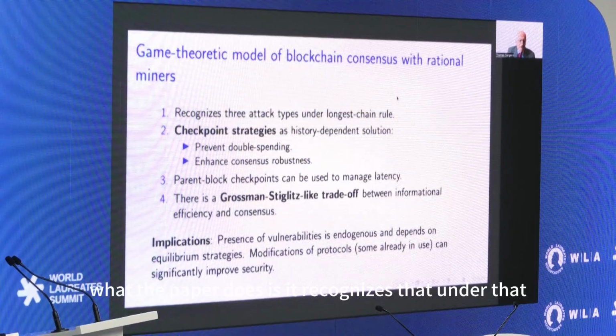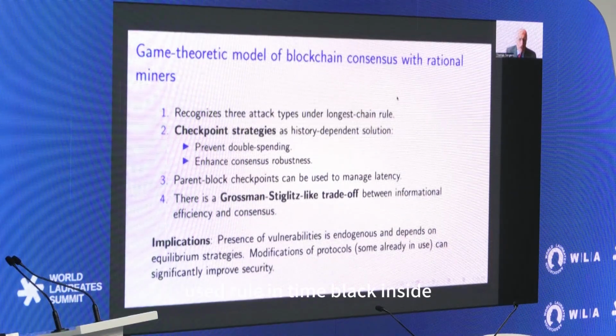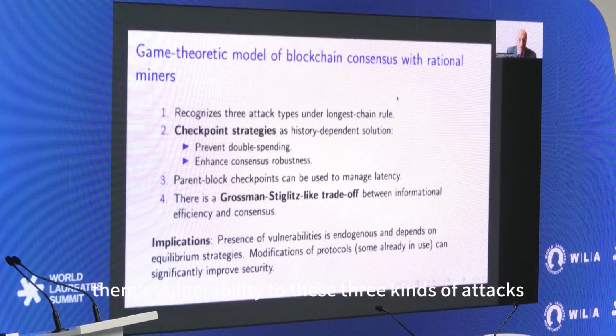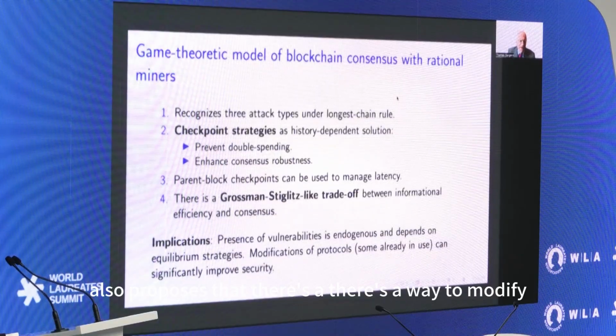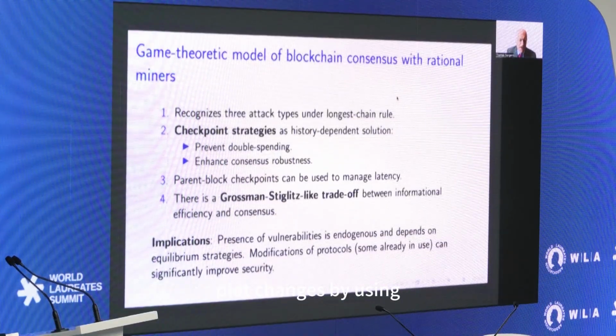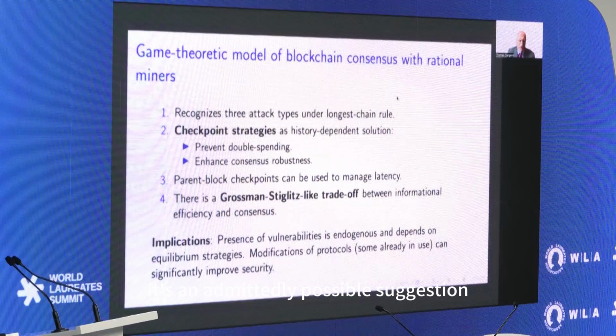What the paper does is it recognizes that under a commonly used rule inside blockchains called the longest chain rule, there's vulnerability to these 3 kinds of attacks. It also proposes a way to modify blockchains by using particular strategies.